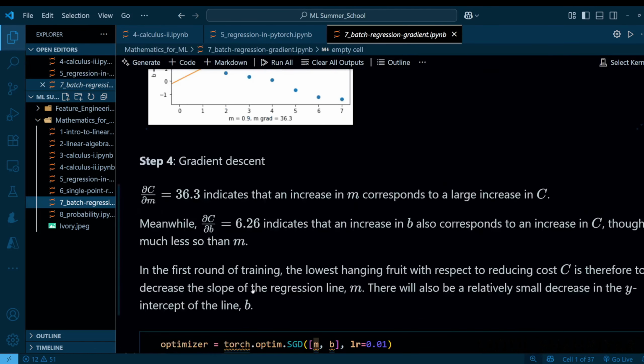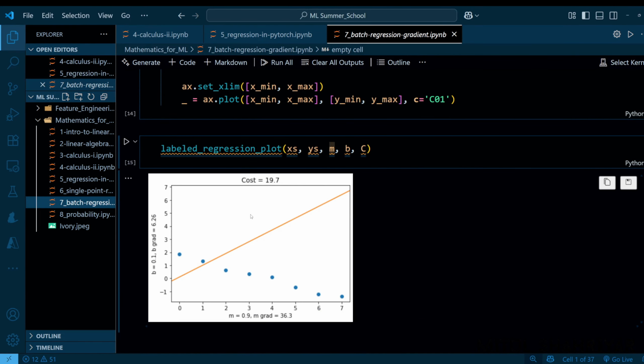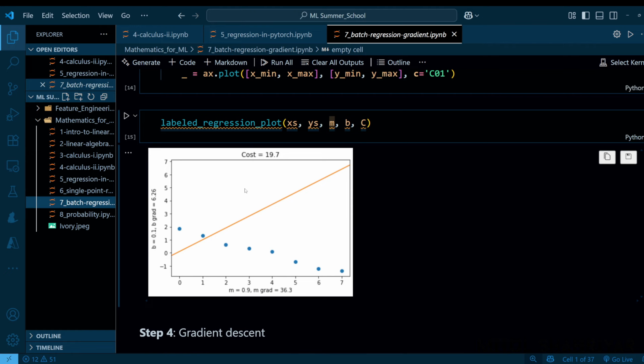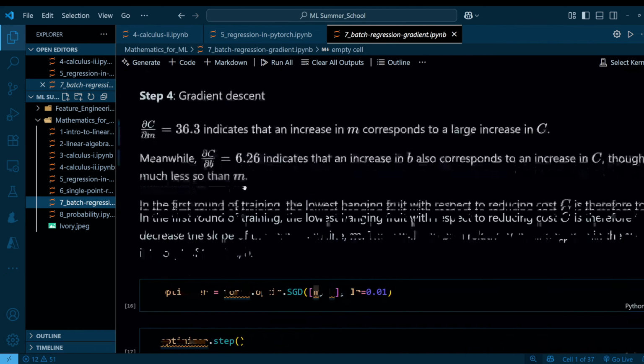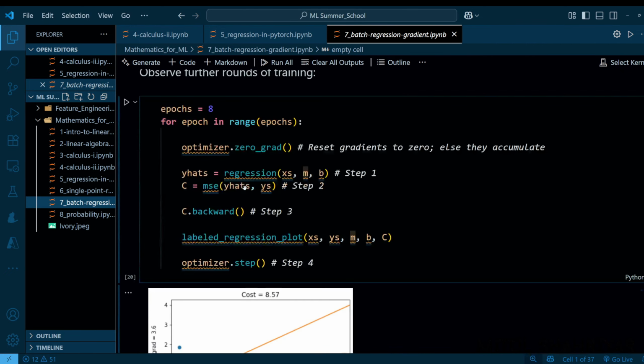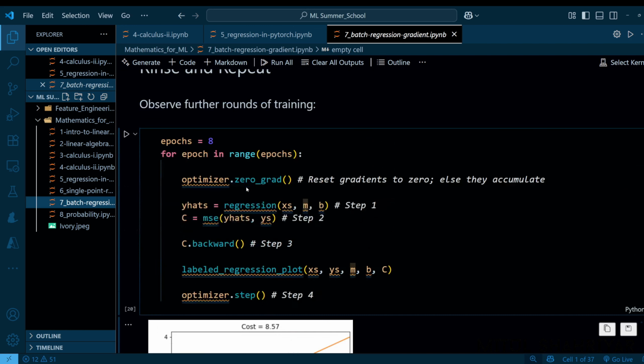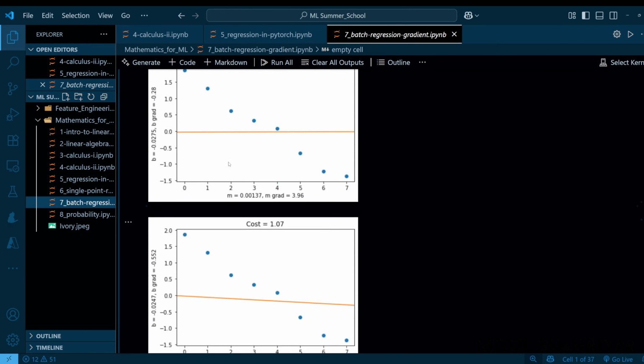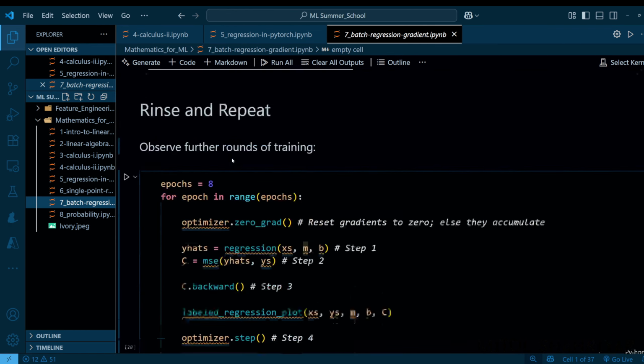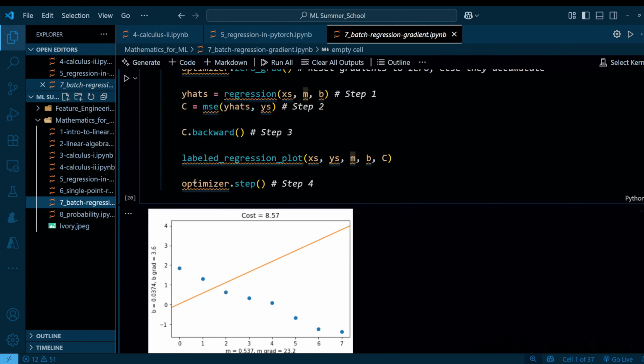That's it. Again, interestingly, in this one you can visualize how this plot is changing. You can see here we have just used 8 epochs, but if we use 1,000 epochs, you will exactly see how this is changing. For 8 epochs, like I mentioned, the first cost was 8.57, right?